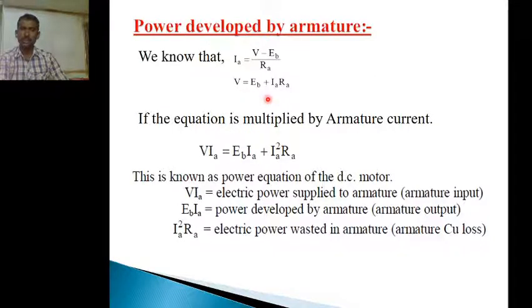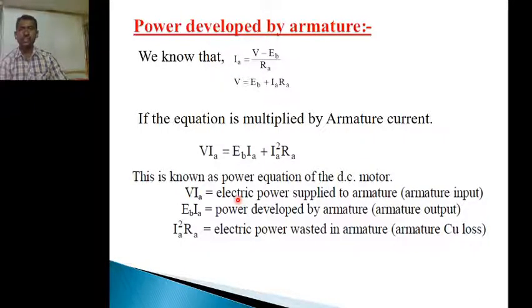If you multiply this equation with Ia on both sides, then V into Ia is equal to Eb into Ia plus Ia square into Ra. Here V into Ia is known as the electrical power supplied to the armature, Eb into Ia is the power developed by the armature, and Ia square into Ra is the electrical power wasted in the armature, that is nothing but the armature copper losses.